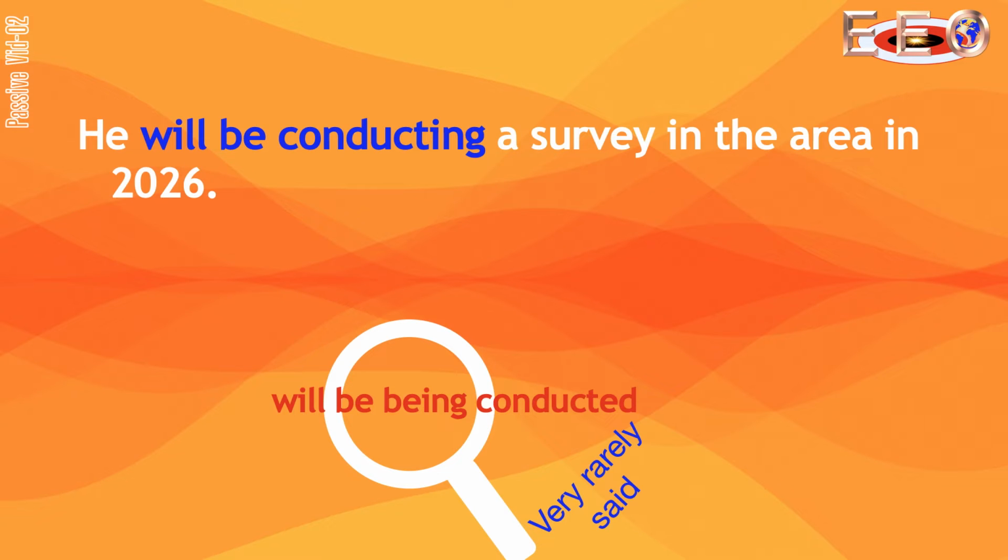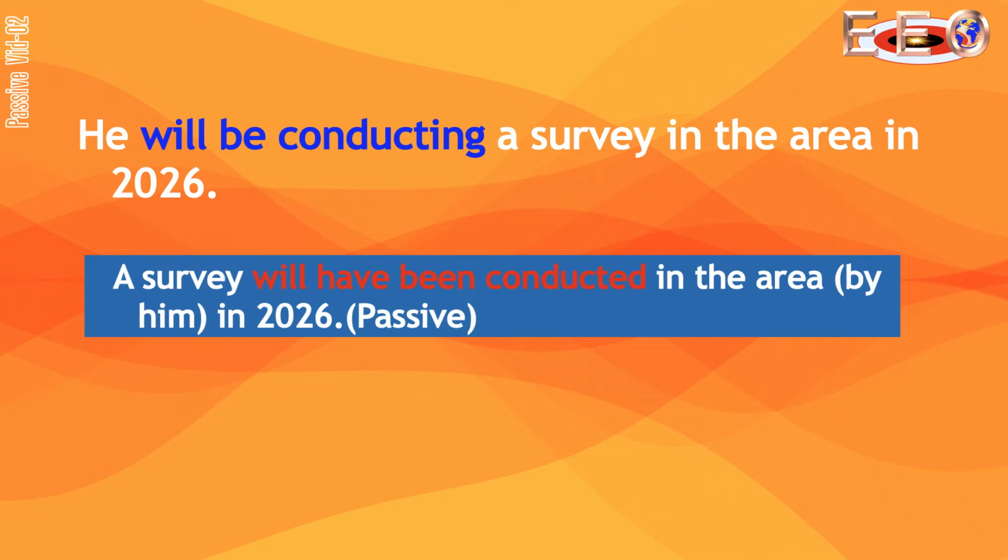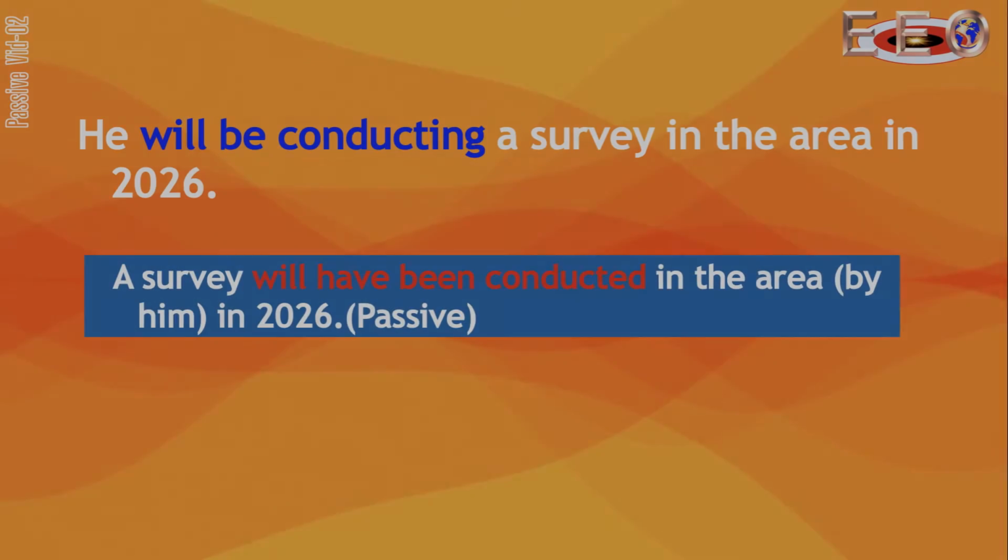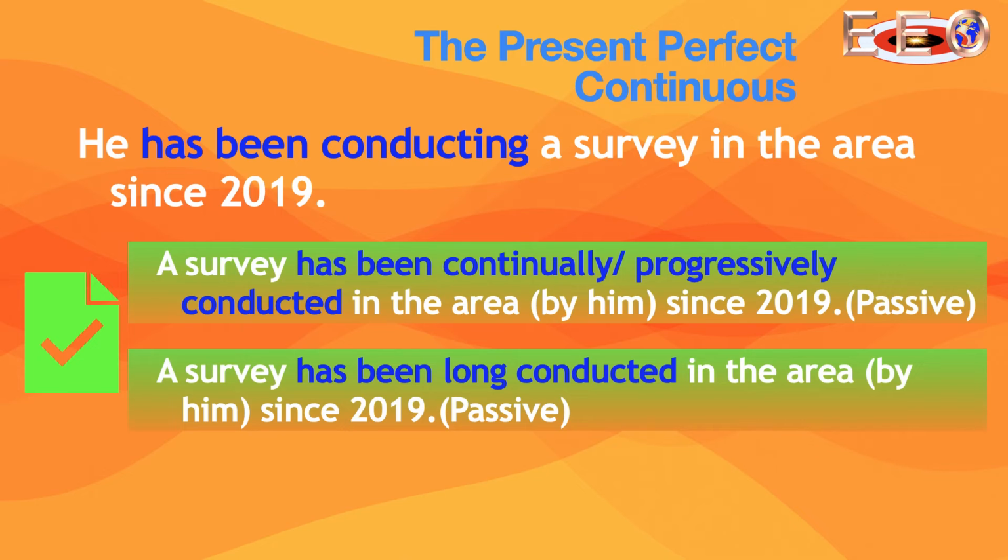Rather than constructing it this way, it could be better to reduce the passive form of the present perfect continuous to have a form similar to that of the present perfect passive voice. But the difference we see is about continuity. And then to show the continuity, what I have stated in my previous video based on other scholars' ideas is that we have to add some adverbs in such a manner.